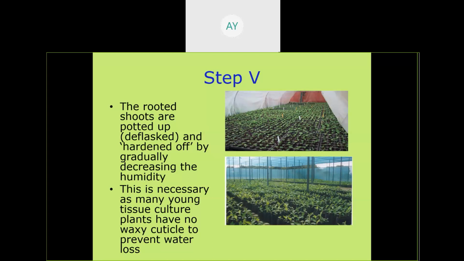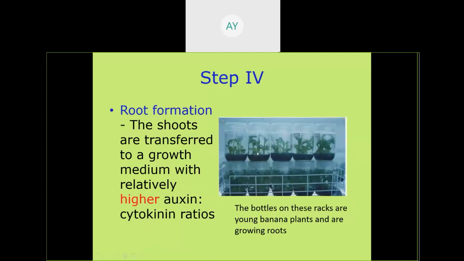Hardening means development of xylem and phloem, only then it becomes autotroph. In earlier stage in the lab it is heterotroph, now it is not an autotroph because there is no proper development of xylem and phloem so that it can do the process of photosynthesis, because they are not getting the water and minerals from the soil.